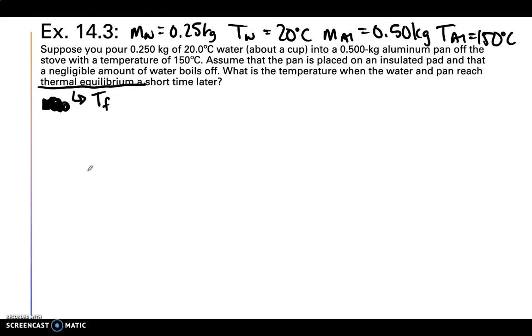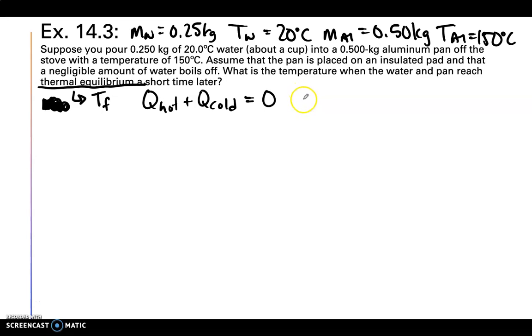If they are at the same temperature, our heat exchange will be no more. So the Q of the hot substance and the Q of the cold substance should sum to 0 eventually at equilibrium.